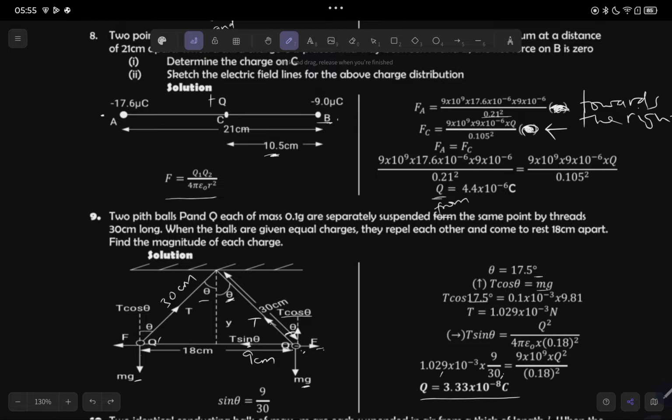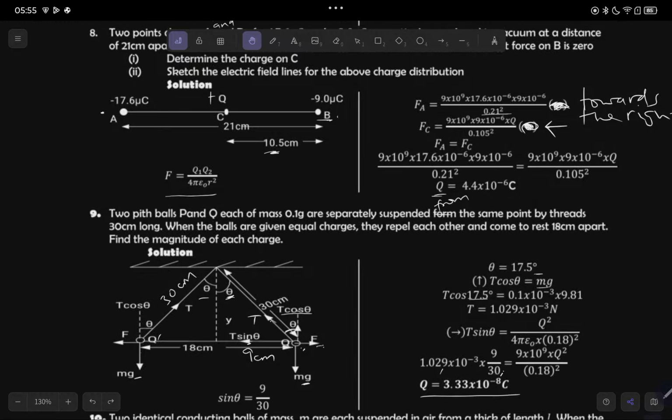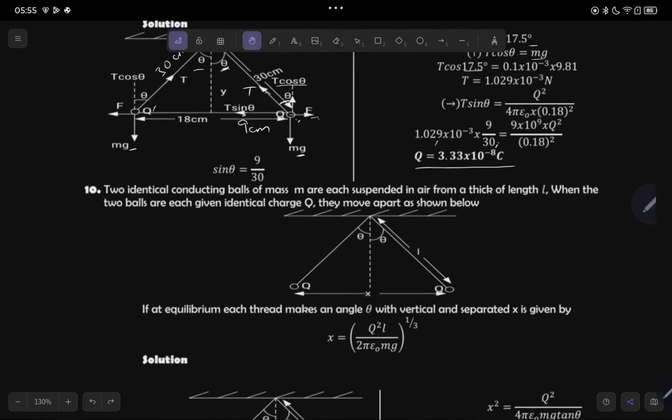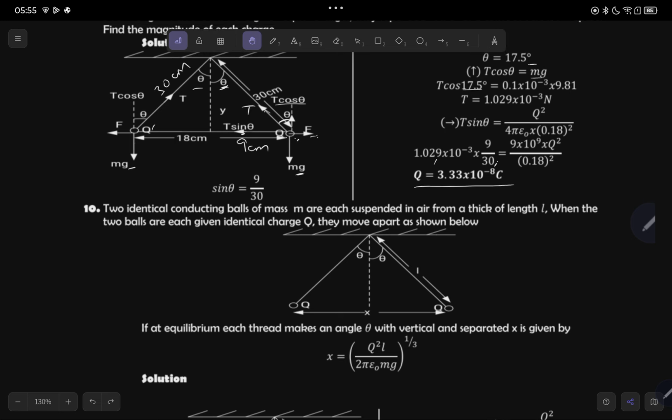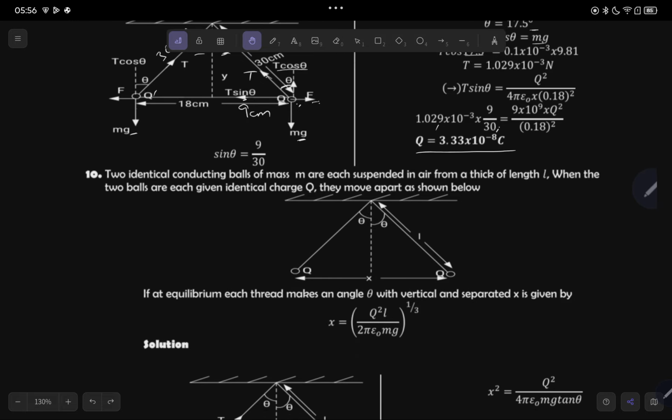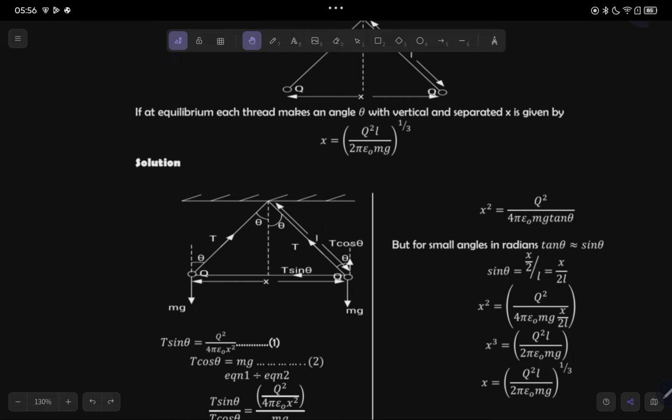Now, I am leaving the next question, question number 10, for the learner to try because it is similar to question number 9. You can pause the video, copy down question number 10 and try it out. Then proceed. The solution is here.